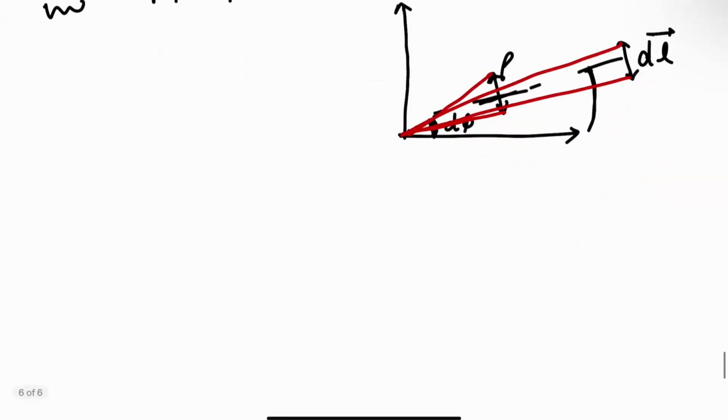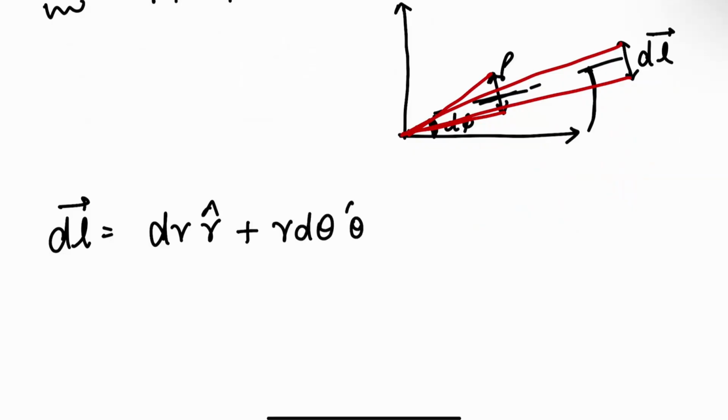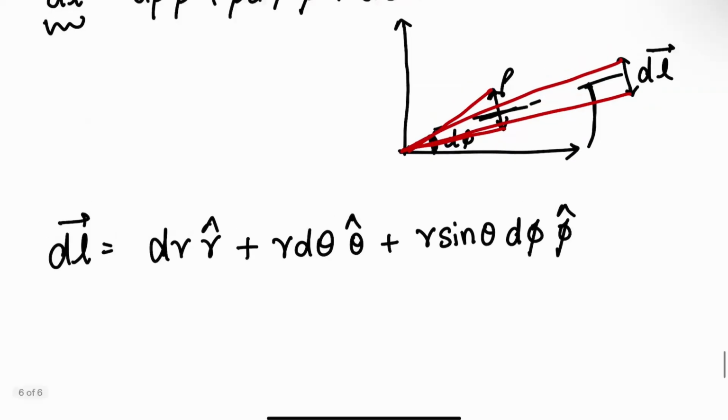Now in spherical polar coordinates, it's a little bit more technical. dl is dr r hat plus r d theta theta hat plus r sine theta d phi phi hat.